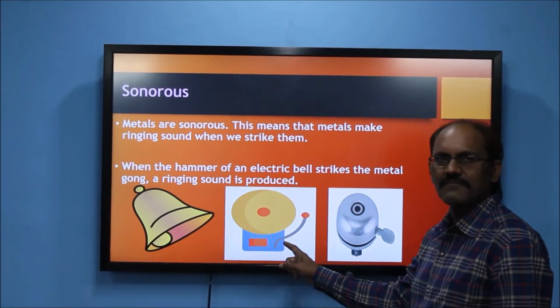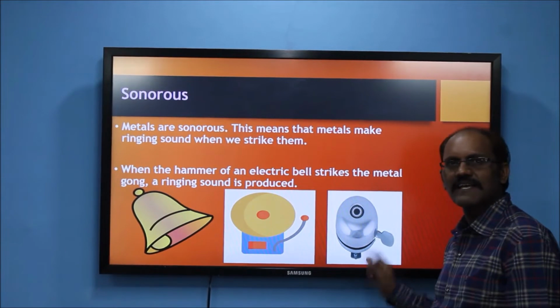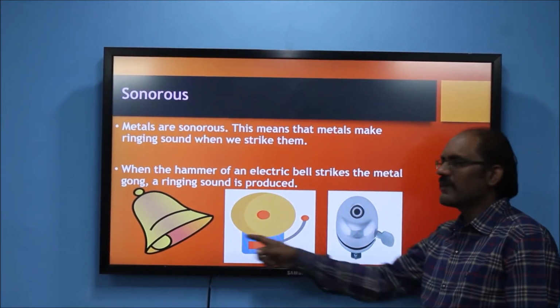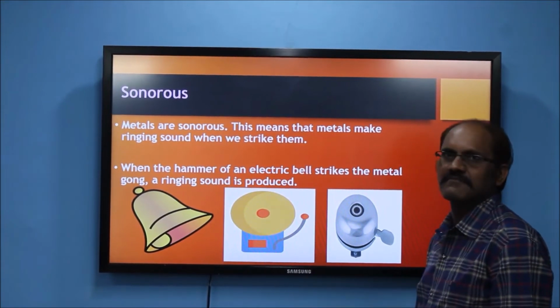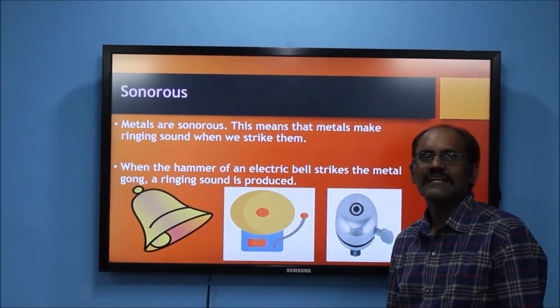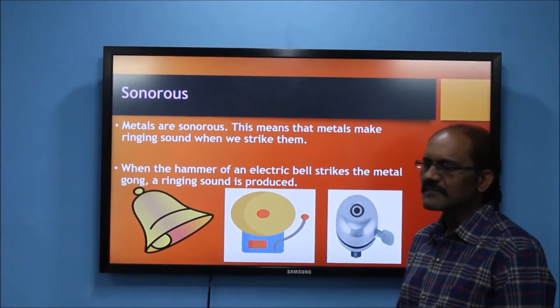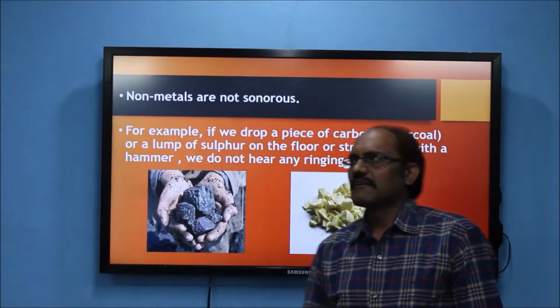This is an electric bell. We can see it in the schools and offices. And this is a cycle bell. These are all made of metals, because if we strike them with a hard object, they produce ringing sounds. That is why metals are sonorous.